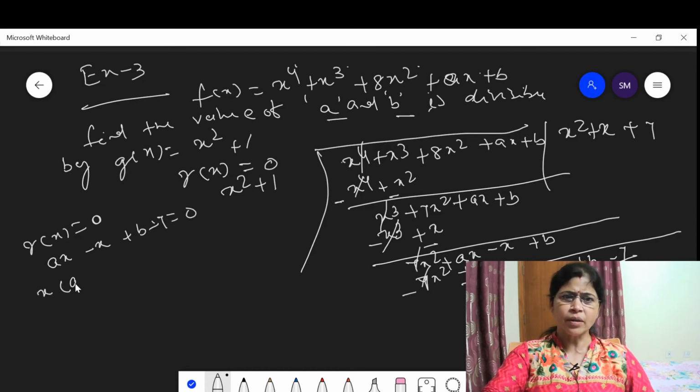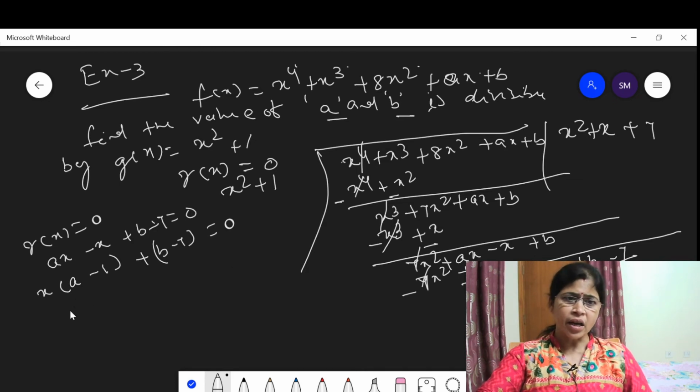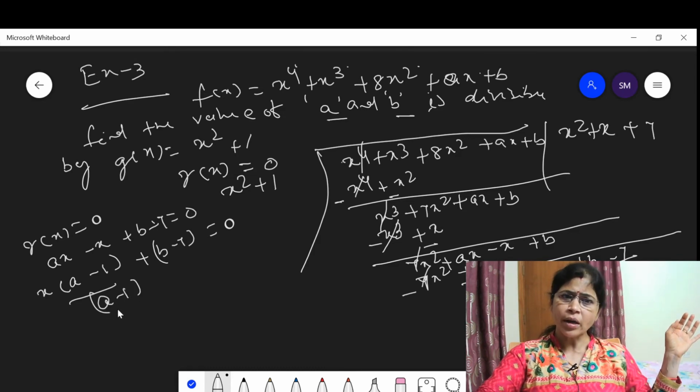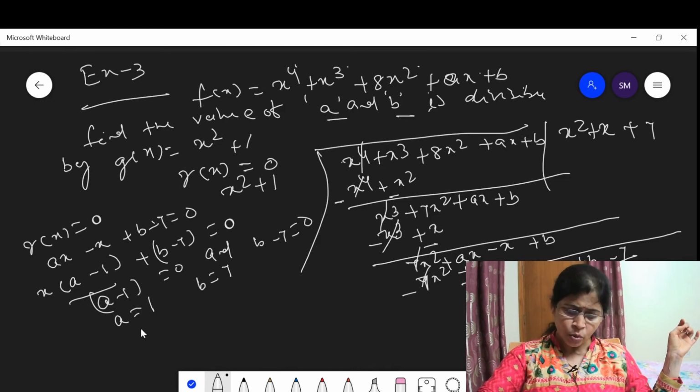Taking x common, this is (a minus 1)x plus (b minus 7) is equal to 0. This shows that a minus 1 is equal to 0 and b minus 7 is also equal to 0. A minus 1 equal to 0 means a equals 1. B minus 7 equal to 0 means b equals 7.